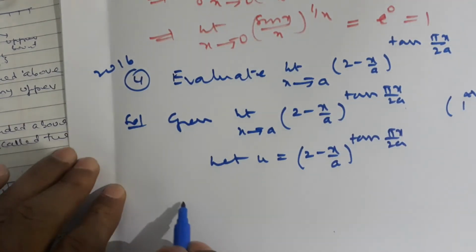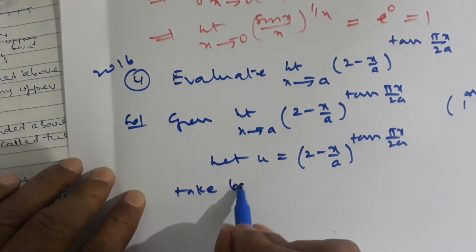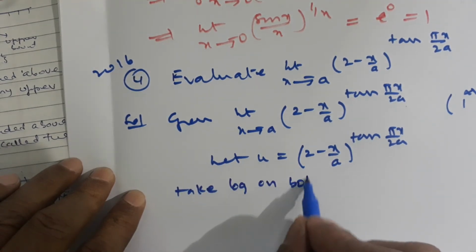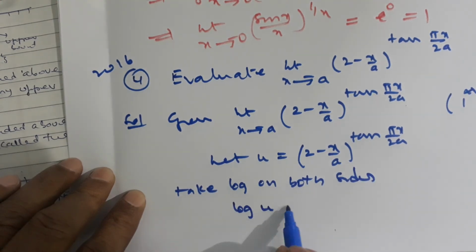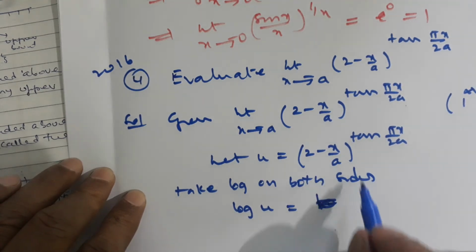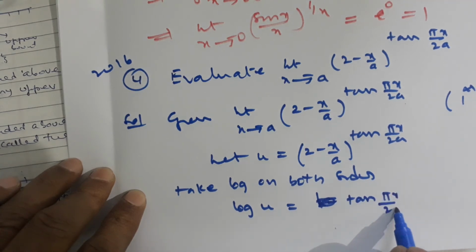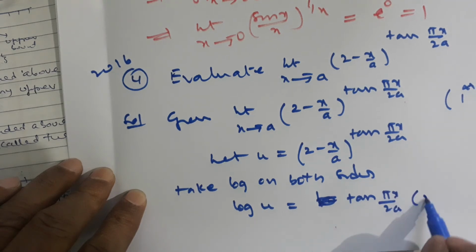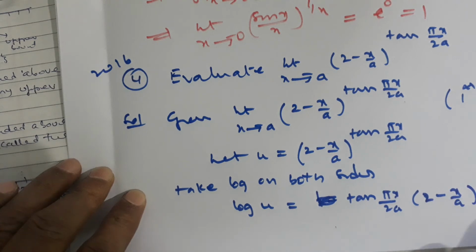Take log on both sides. Log u is equal to tan pi x by 2a into log of (2 minus x by a).